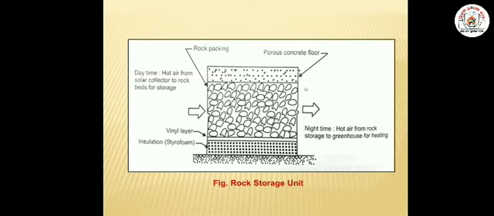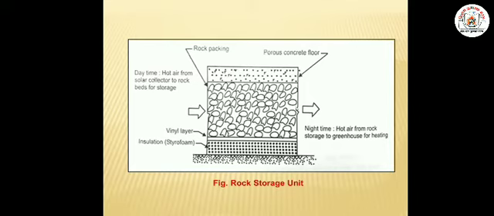Then this space is filled with rock particles or pieces of rock, and the upper surface of it is provided with a porous concrete floor. Here, hot air from the solar collector enters the rock beds for storage, so the hot air from the solar collector is stored inside this inert rock bed.